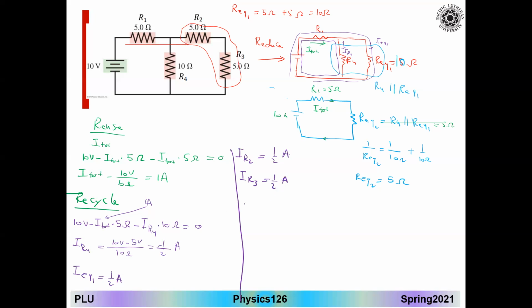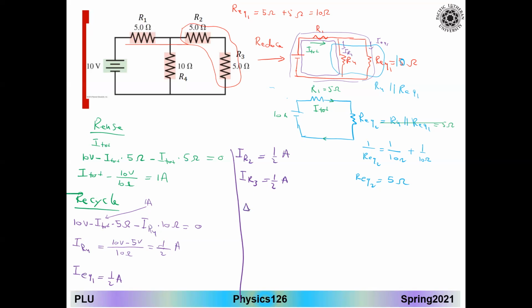Now I have all the currents. For the I4 and I3, it would be 0.5. For the I1, it should be 1 amp. And in the R4, what I found here is the half. So what is left is just the delta V.